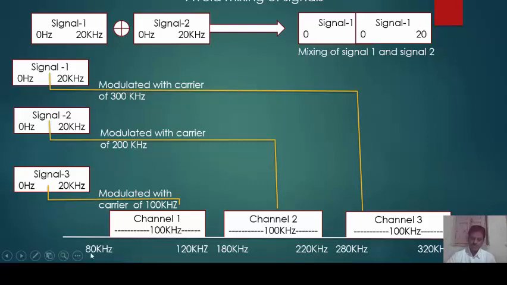Here the frequency is varying from 80 kilohertz to 320 kilohertz, and these are separate frequencies. This frequency is different, this frequency is different, this frequency is different, and therefore there is no chance of mixing. In the modulation process the mixing is avoided. This is the second type of advantage of modulation.